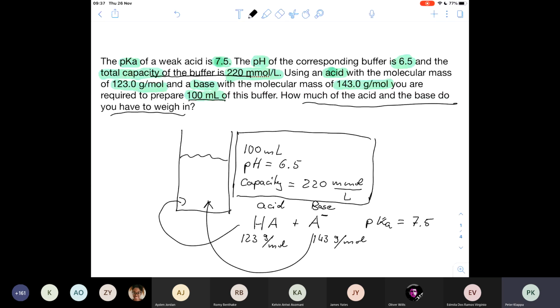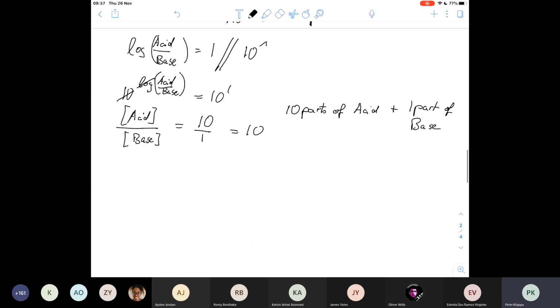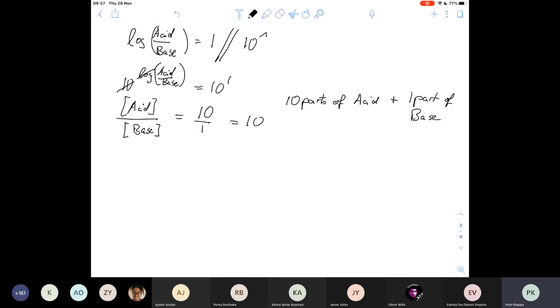Now, what does that actually mean? It means that the amount of acid plus base gives me the total capacity.